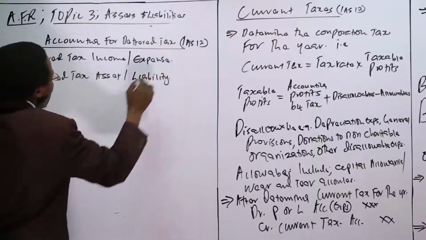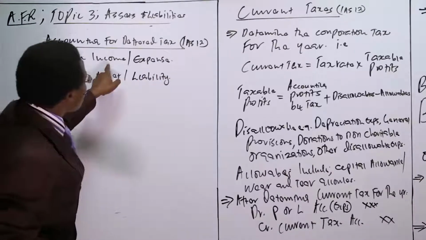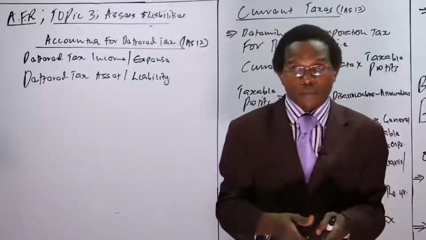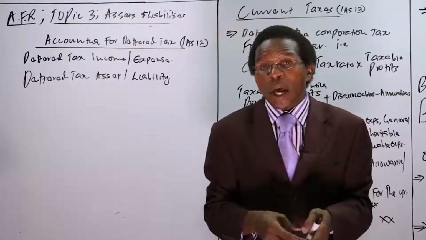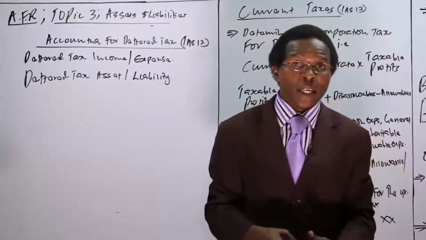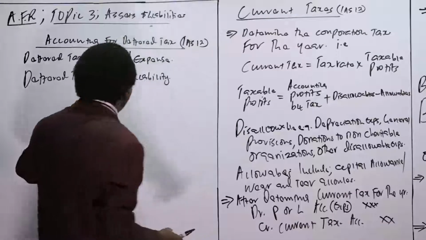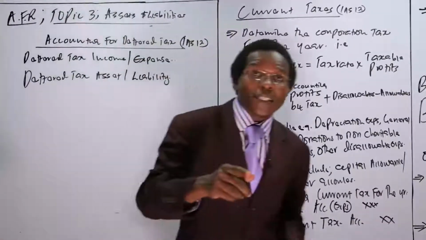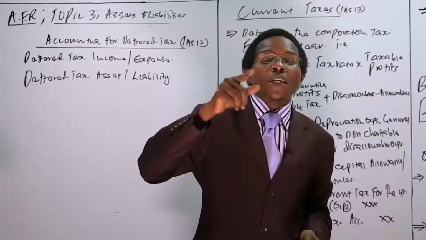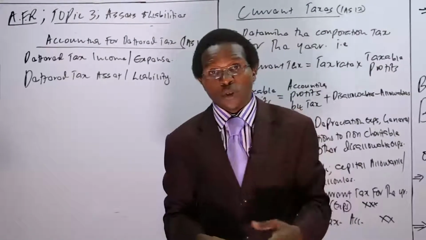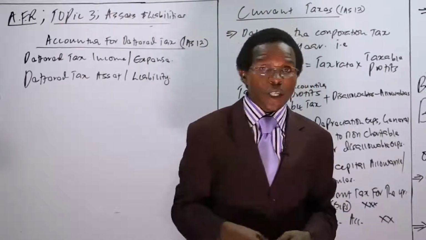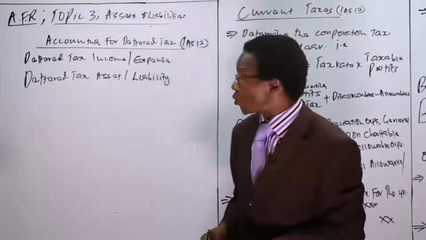You need to also remember, I've said that the deferred tax income or expense is the income that we have earned in the current period, but we are likely to receive or likely to pay in future. Then the deferred tax asset is the amount of tax that will be receivable in the future period, while the deferred tax liability is the amount of tax payable in the future period. That's important to know.